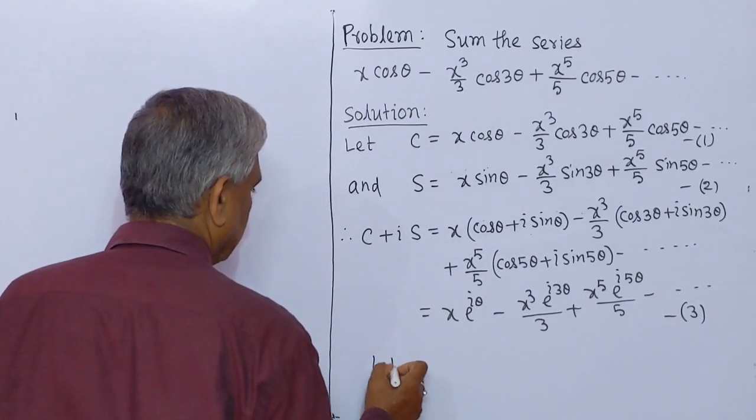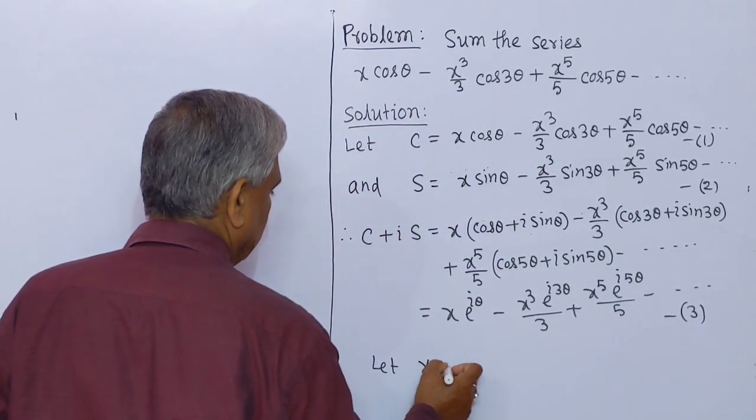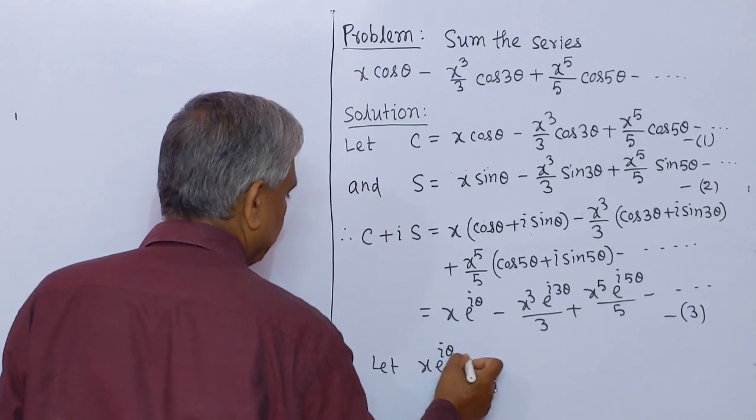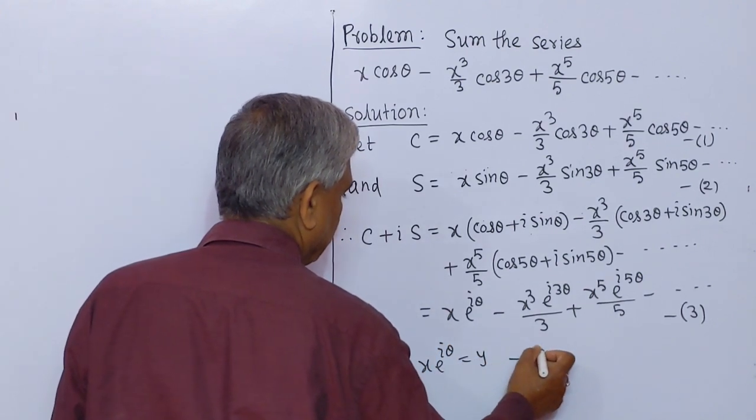Let x e to the power i theta equal to y. This is number 4.